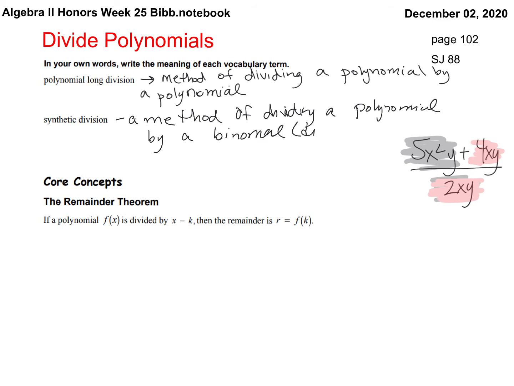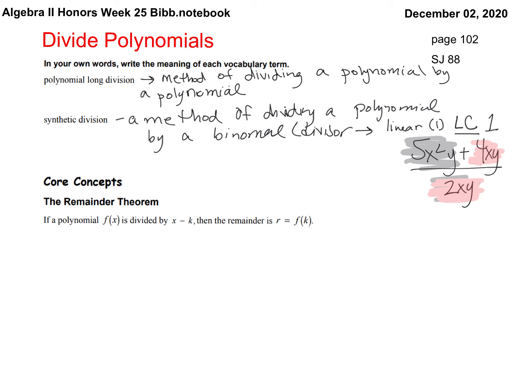That binomial is your divisor. And there's two things that have to be true about that divisor. First of all, it has to be a linear divisor, which means the degree has to be 1. Second of all, it has to have a leading coefficient, LC, of 1.